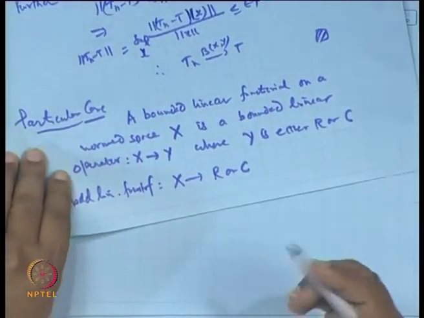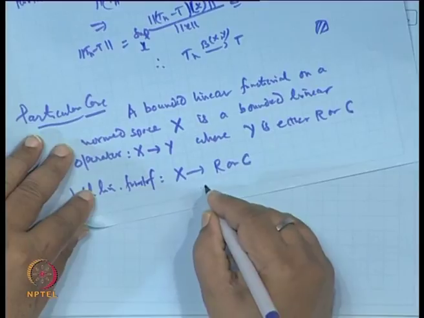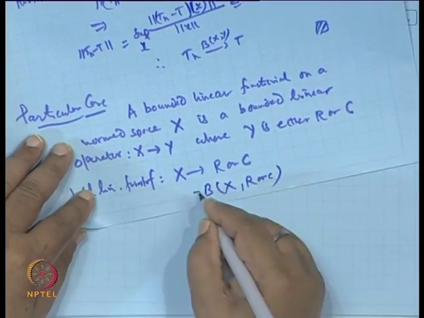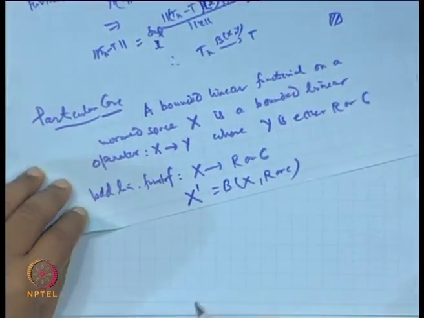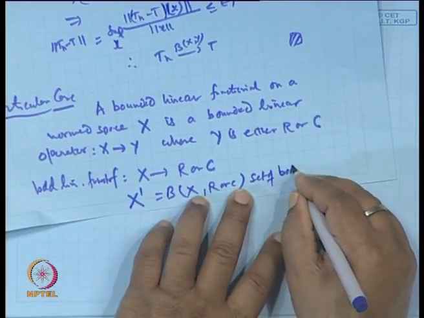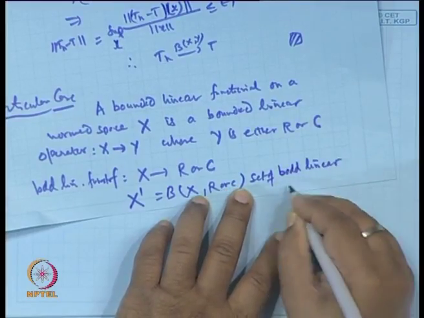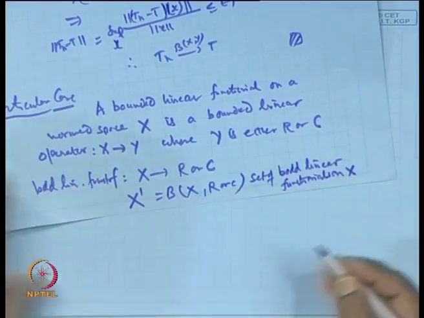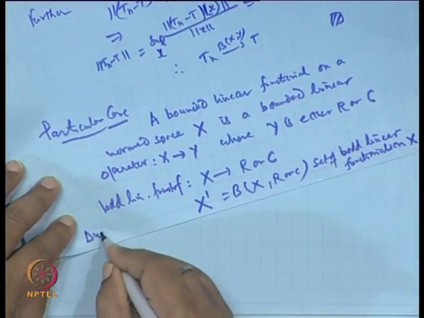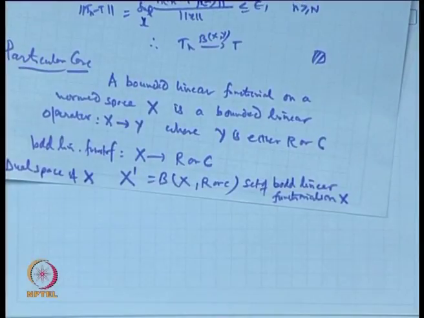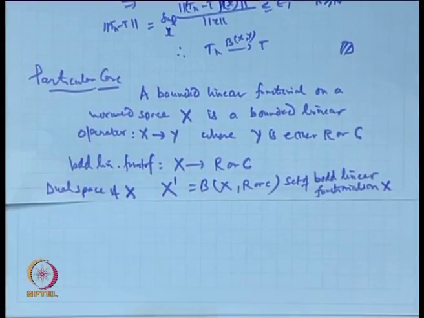Now, B(X, R or C) is denoted by X dash. The set of all bounded linear functionals on X is denoted by X dash and is called the dual space of X. Is this clear?